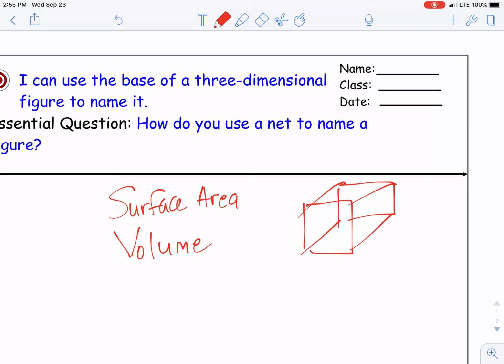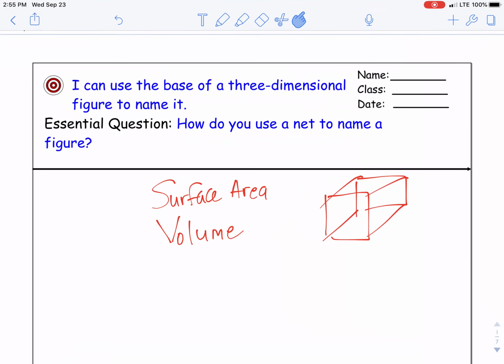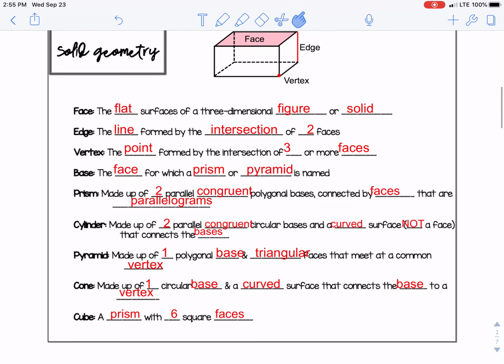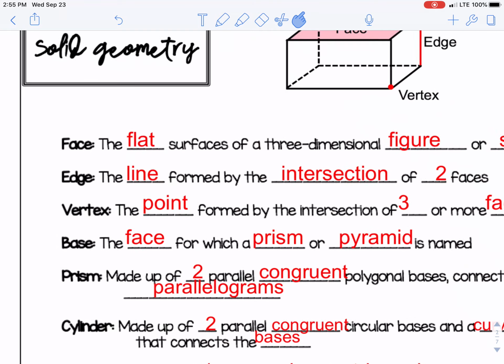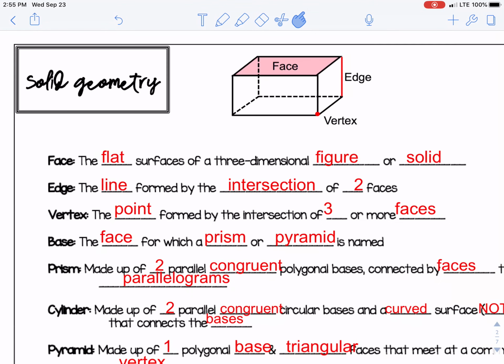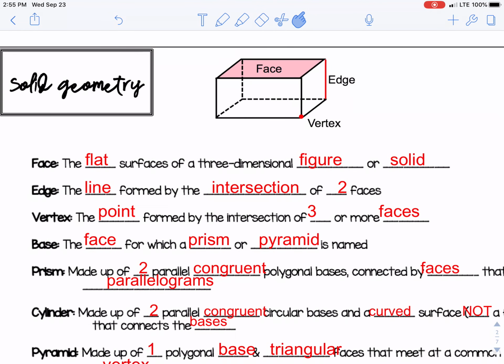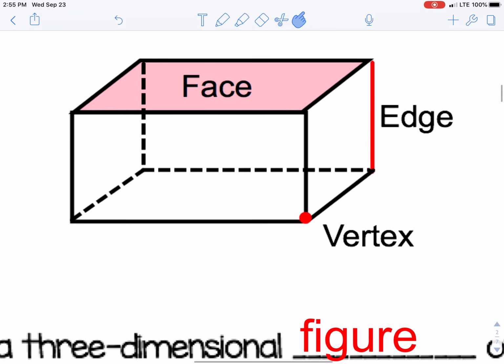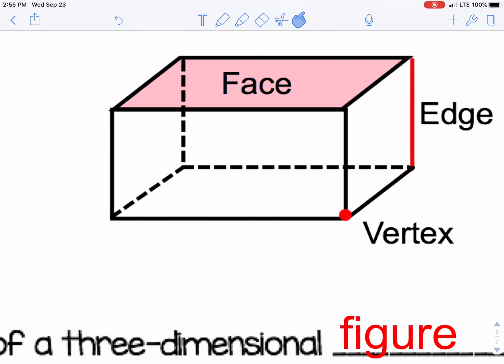So first things first, before we get to the volume and surface area of 3D objects, we have to know exactly what we're talking about, how to name them, all that kind of good stuff, right? On my end, I have all this filled in, but I'll go through and talk about each one so you can follow along and fill in what you need to. The faces of 3D objects are just going to be the flat pieces, right?